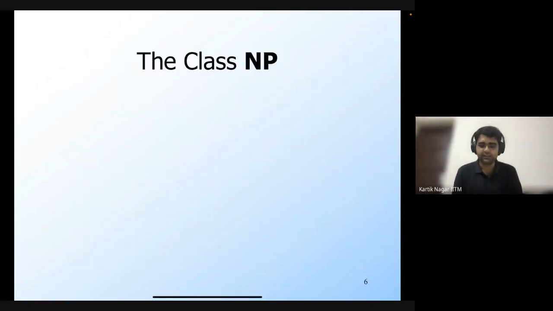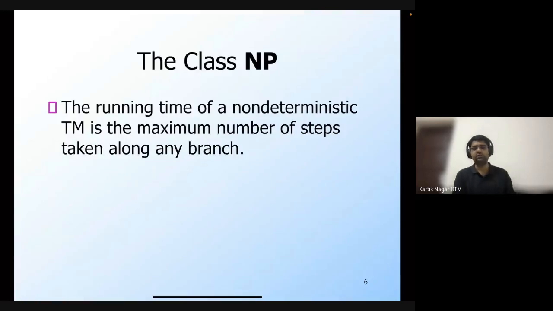So the class NP. Here for the class NP, we remove this restriction of deterministic. So we look at a non-deterministic Turing machine, and the running time of a non-deterministic Turing machine is the maximum number of steps taken along any branch. Remember that in a non-deterministic Turing machine, on an input, at every step there would be a choice, so there would be multiple branches that the Turing machine can take.